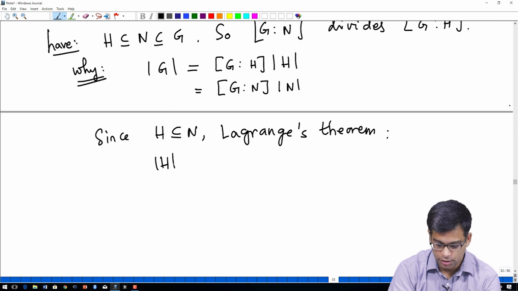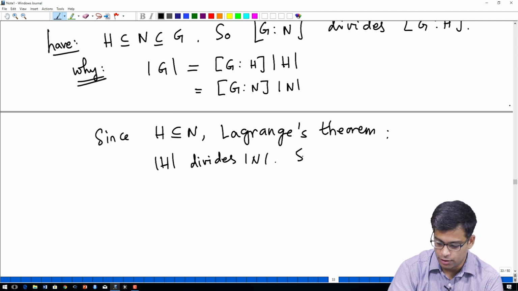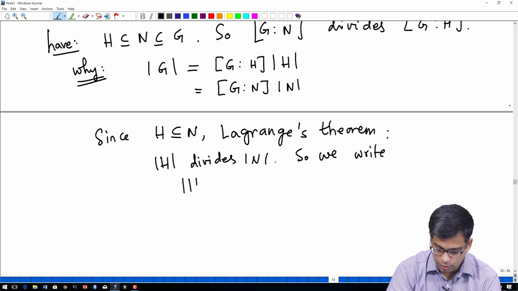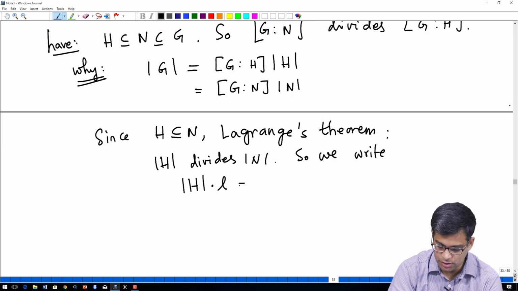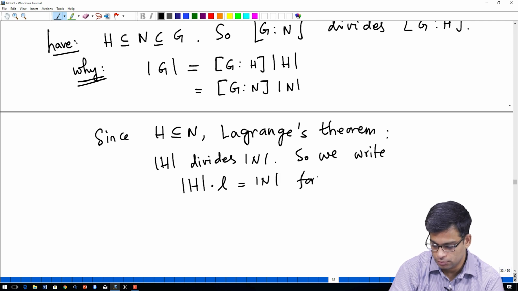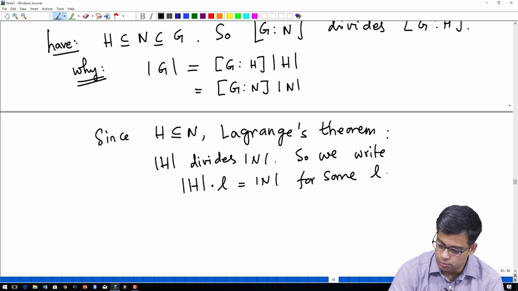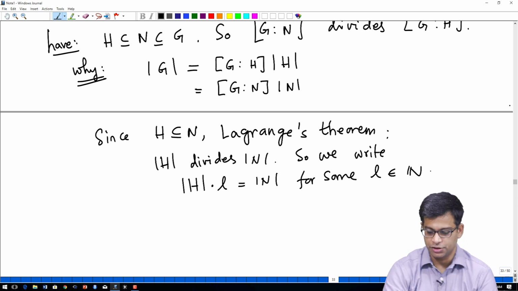So, the order of H divides the order of N. So, we can write order of H times some, let us say L, is the order of N for some L, a positive integer.